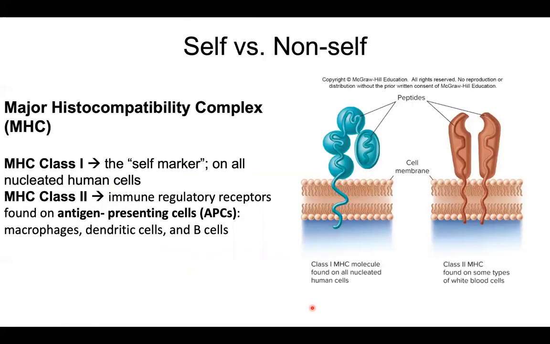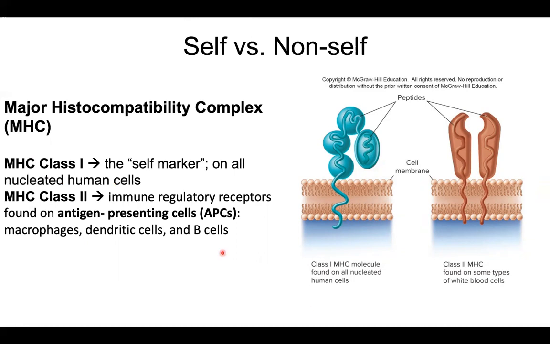There's another important feature of the adaptive immune system, and that is its ability to recognize self versus non-self. So the system that allows the immune system to do that is dictated by the major histocompatibility complex. And we have two MHC molecules that are involved in this process.